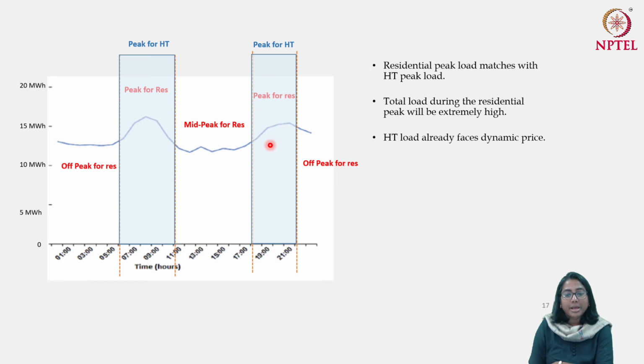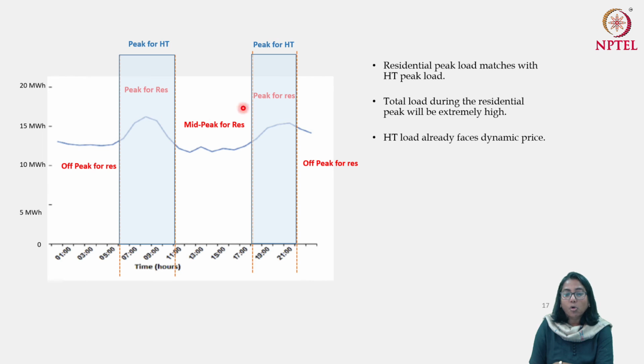Another thing you have to keep in mind: the load curve that you have for the high tension users is in response to the dynamic pricing. So they are already facing dynamic pricing, and their load distribution is kind of stable.